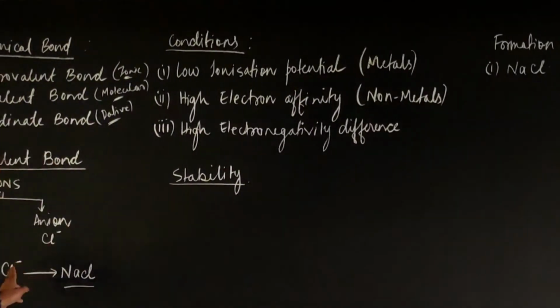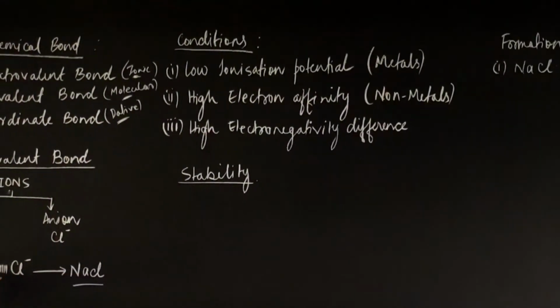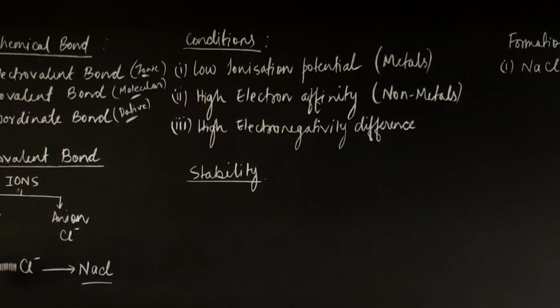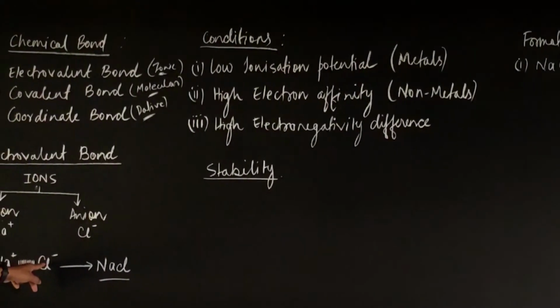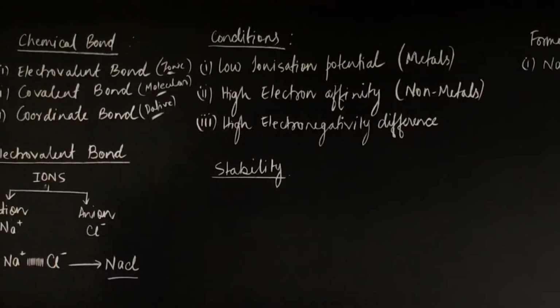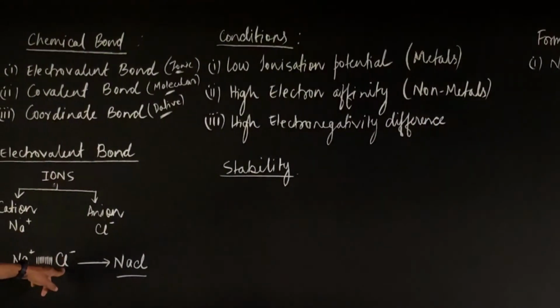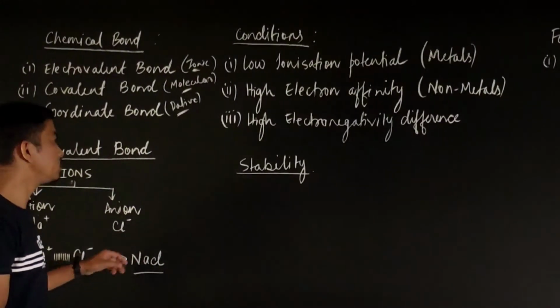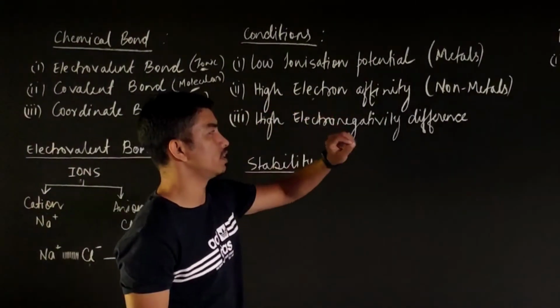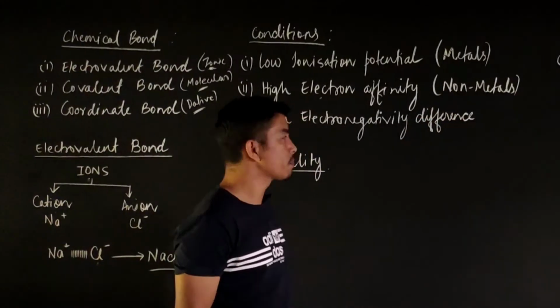The second, we see here the chlorine. If the sodium easily gives an electron, but the chlorine cannot accept an electron, it's impossible to form a bond. Therefore another combining atom must be hungry for electrons, which is known as a high electron affinity. Usually the non-metal has it.